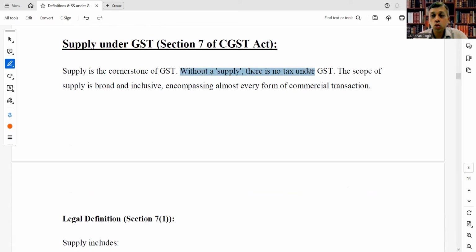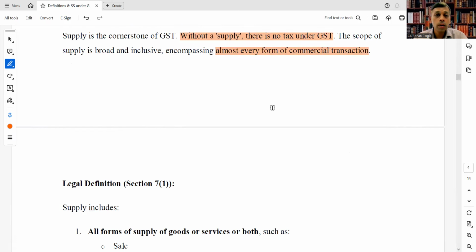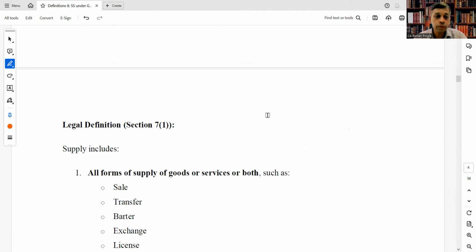The scope of supply is broad and inclusive, encompassing almost every form of commercial transaction. Almost every form of commercial transaction is covered. The important aspect is that without a supply, there is no tax under GST.